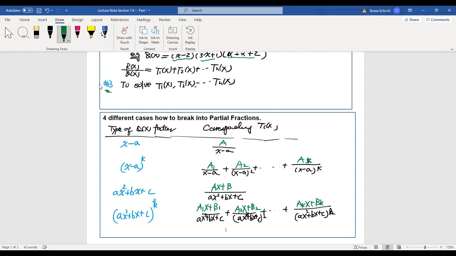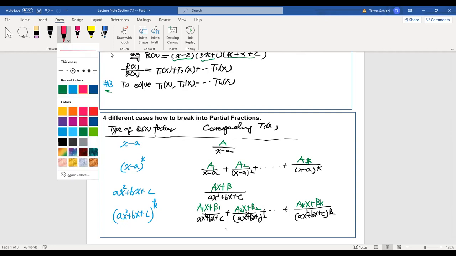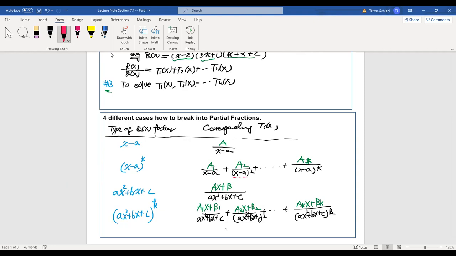Some of you might ask, you said it's less than, right? So for these terms here, for example, this is x minus a squared, so the highest degree is x squared. Why don't I use something like a2x plus b? Why do I only need to use A2?